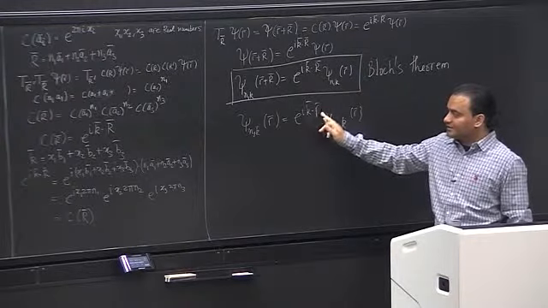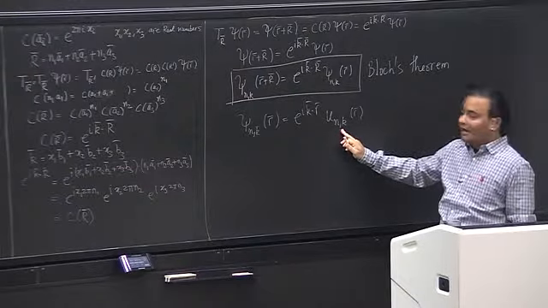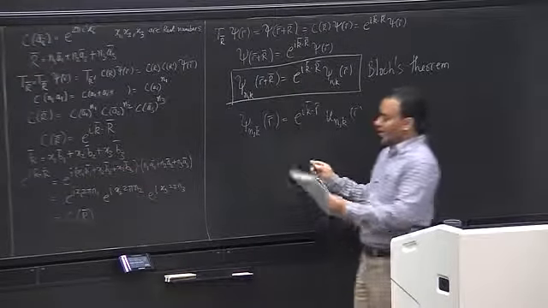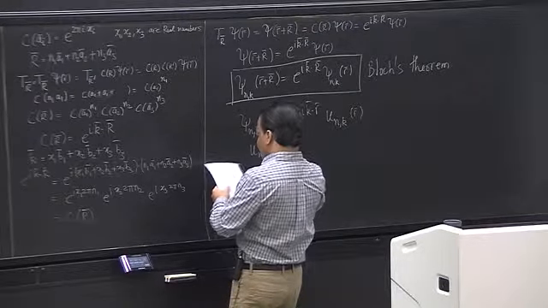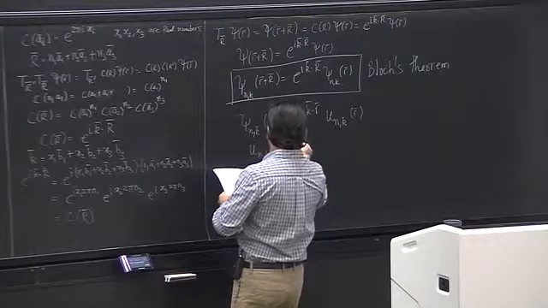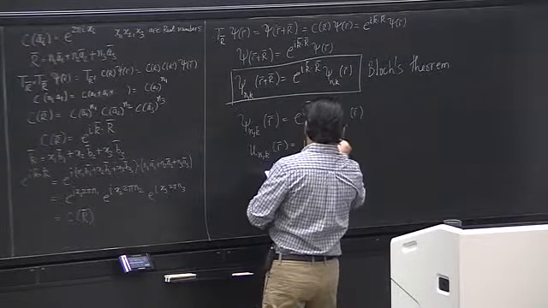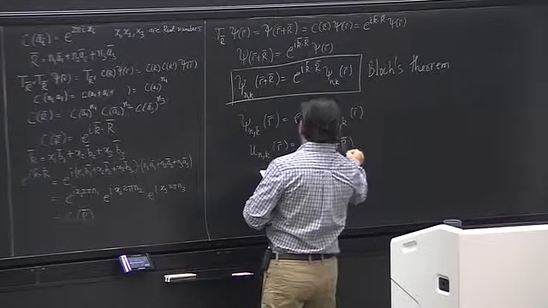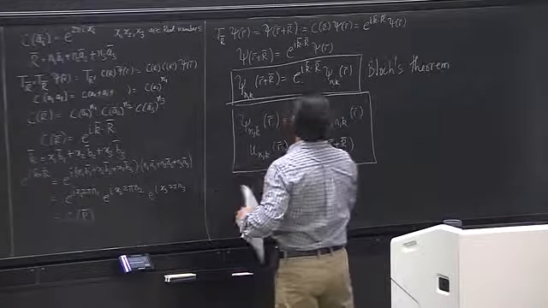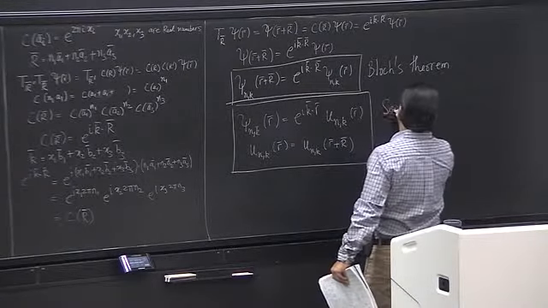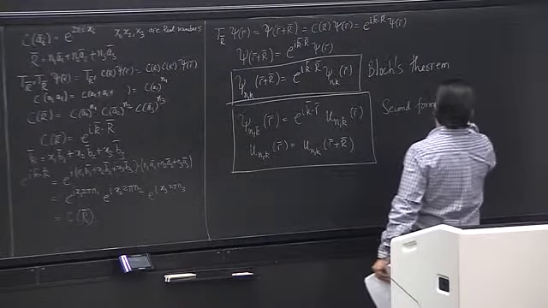Notice that r is the coordinate here: a plane wave times a function u n k, and this function has the same periodicity as that of the lattice. So let's call this the second form of Bloch's theorem.